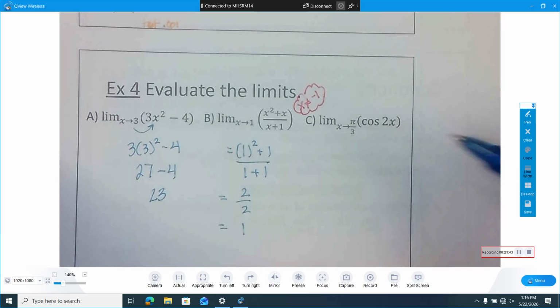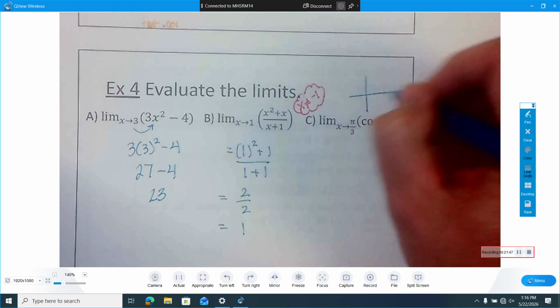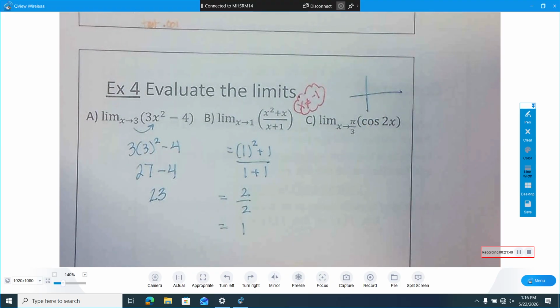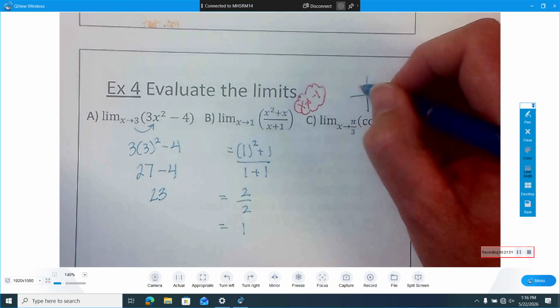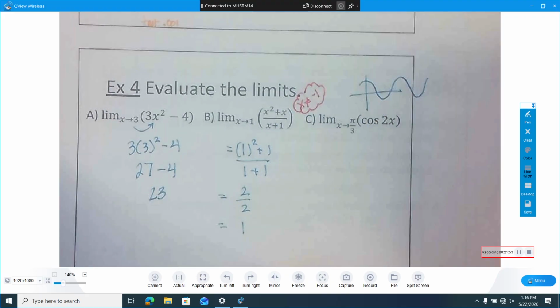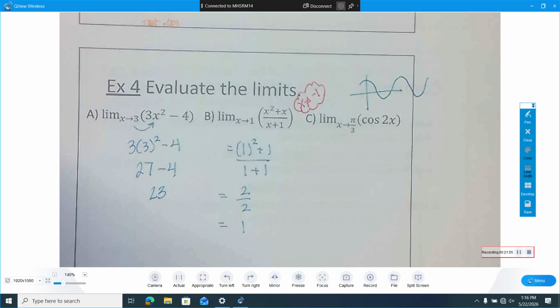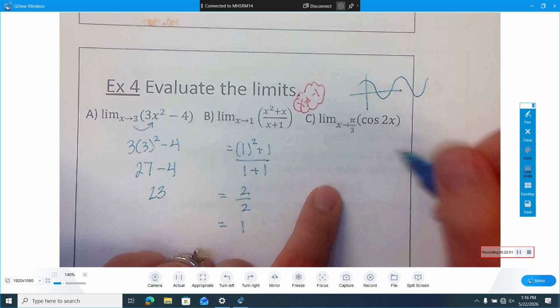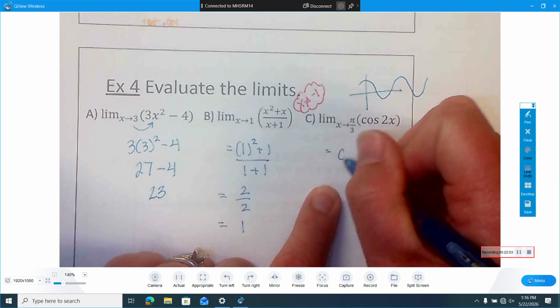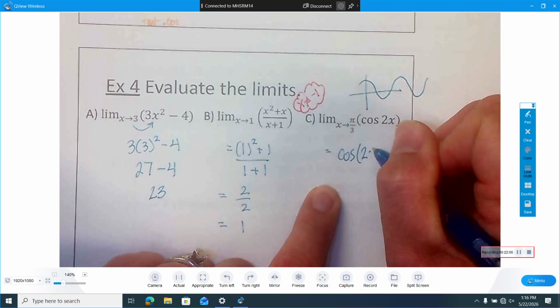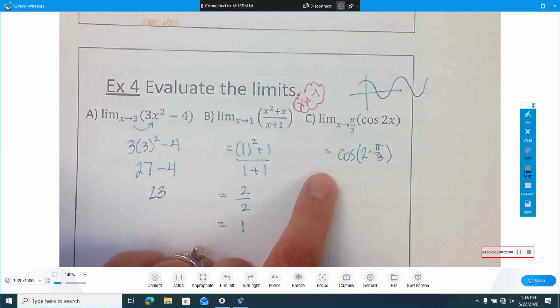All right. And again here, cosine. If you think about the cosine curve, what's the cosine song? High, middle, low, middle, high. So the cosine curve is a real nice smooth curve. And because it's not going to have any weird asymptotes, we can just plug in. So again, we're just plugging in 2 times pi over 3.